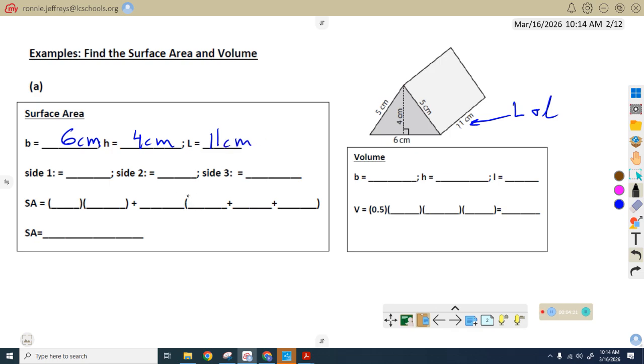All right, so side 1, side 2, side 3. It doesn't really matter which one you say is side 1, side 2, side 3. You could say this is side 1 right here, this, just so it repeats. This could be side 2, and this could be side 3. So 5 centimeters.